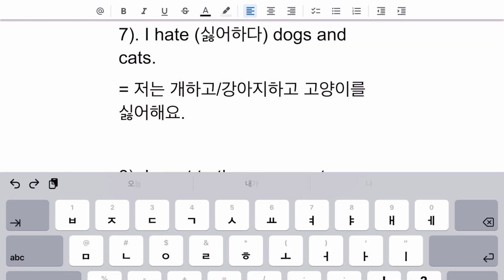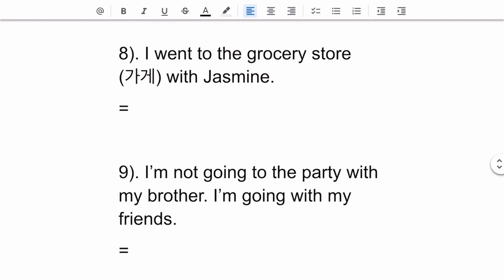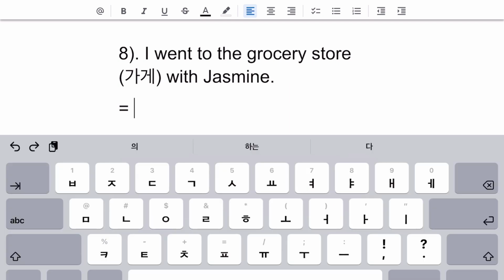I love them both. I went to the grocery store, 가게, with Jasmine. So remember before I was saying we need to add all the people stuff, quote unquote people stuff. Everything concerning people needs to go towards the front of the sentence, right? Before we add the time and the place and all of that. So I am the topic once again, and then with Jasmine, Jasmine 하고, and then we would go ahead and look: who, when, where, what, how, verb.